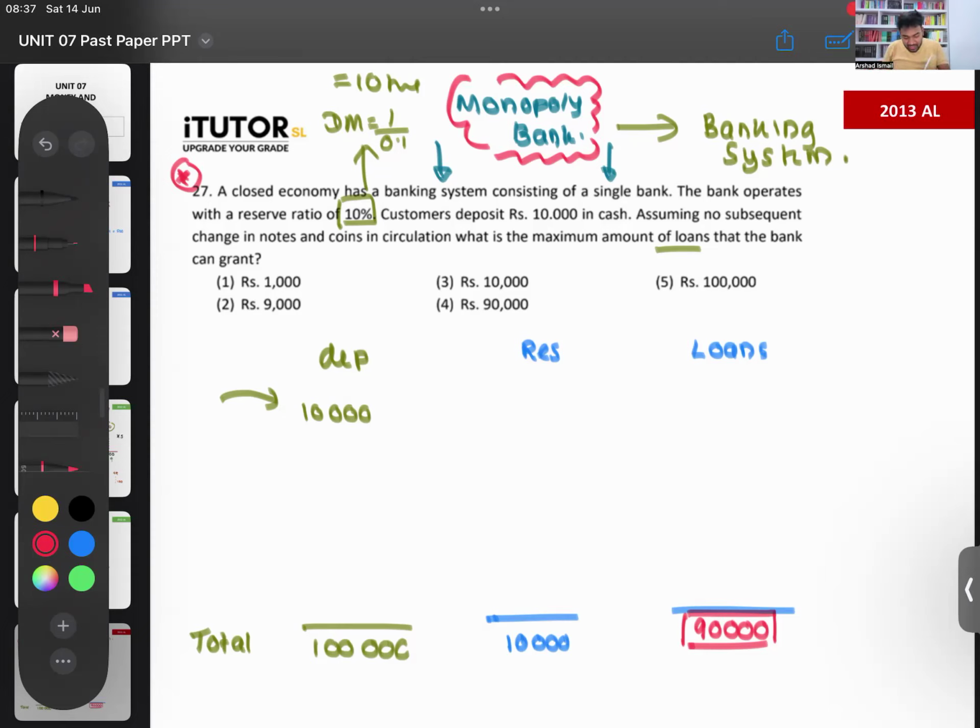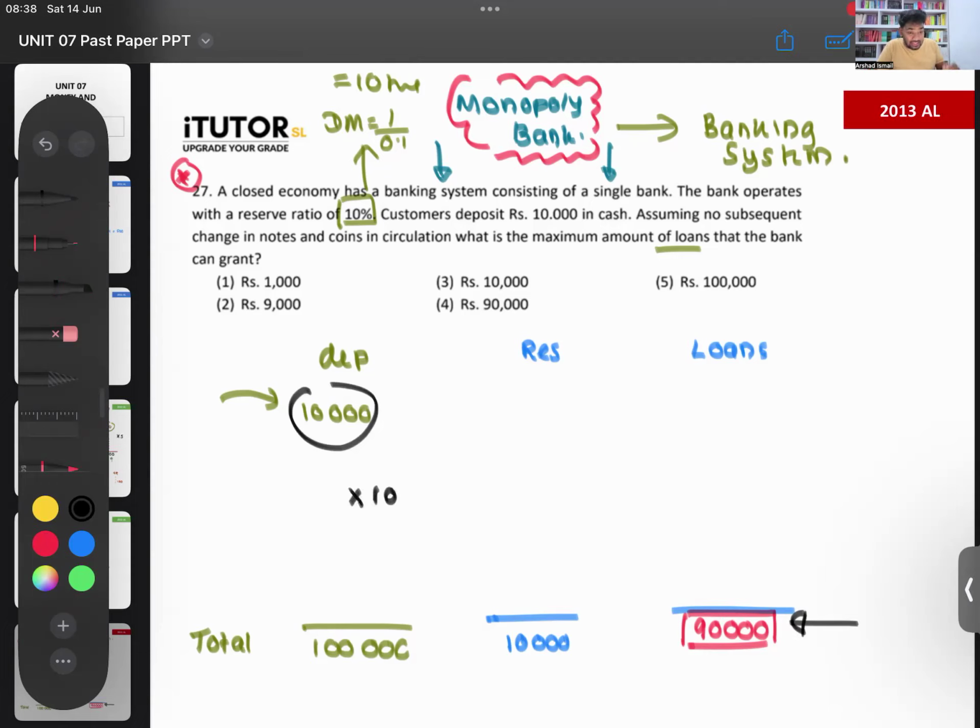So what are they asking you in this question? They're asking, because of this customer deposit, what is the maximum amount of loans that the bank can grant? So you think of the banking system. How did I get to this 90,000? First, I took the initial deposit of 10,000 and calculated my deposit multiplier, which is 10 times.